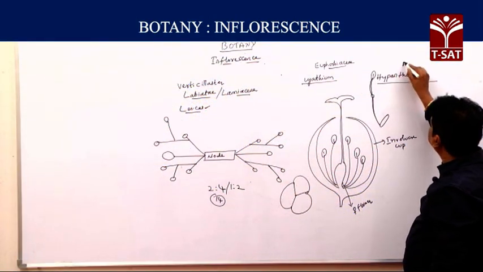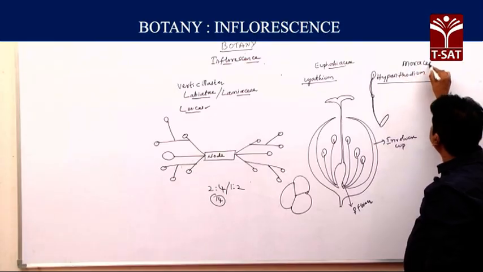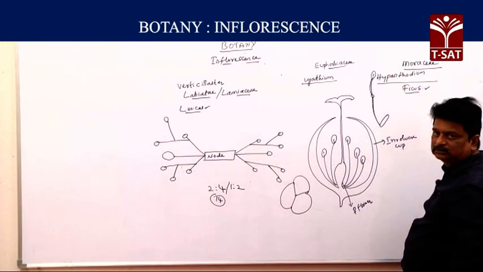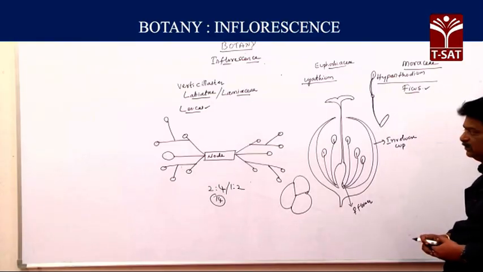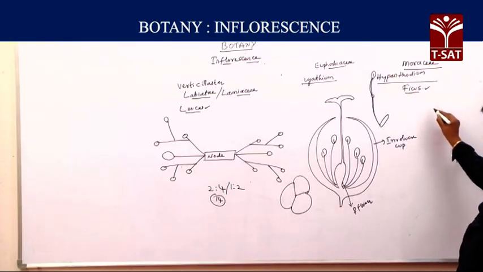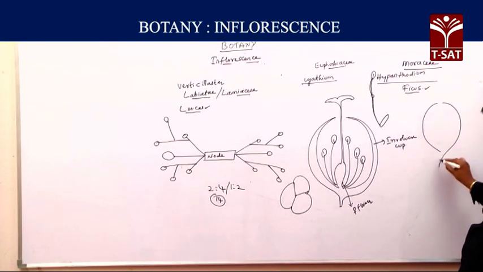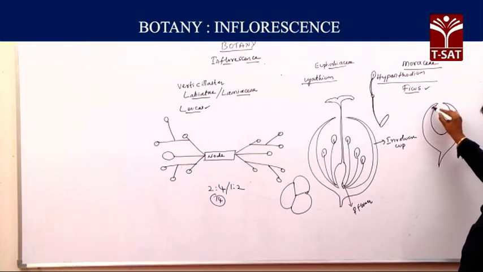So, last one, hypanthodium. This hypanthodium inflorescence is common in the Moraceae family. Example for that is ficus. In hypanthodium inflorescence, the peduncle is fleshy and pear-shaped. The upper side of the peduncle produces male flowers, and the lower side produces female flowers.